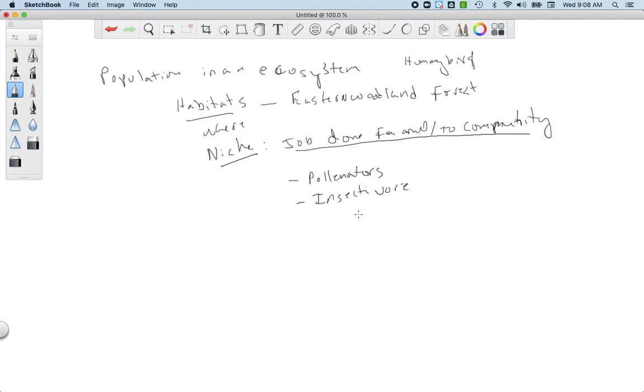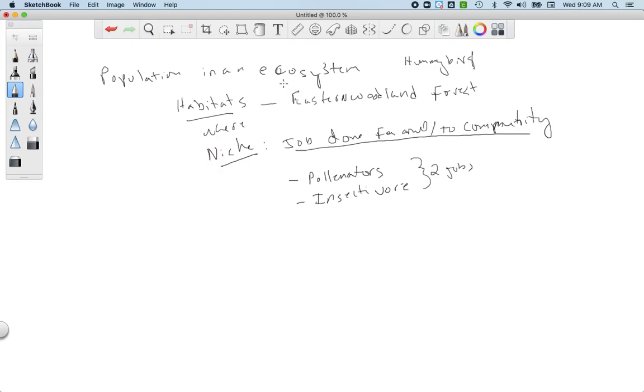So another job that it does for the community is to eat insects. It helps reduce insect population. And if you've been outside during a mosquito outbreak, you know that's important, to have insectivores around to get rid of insects. These are two jobs that ruby-throated hummingbirds do for the habitat in which they live.